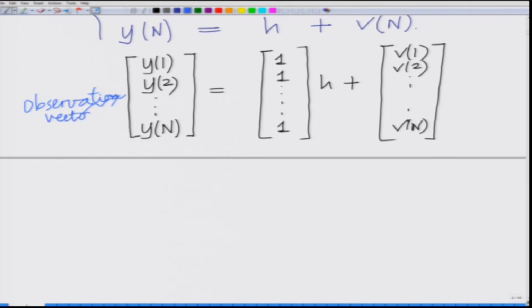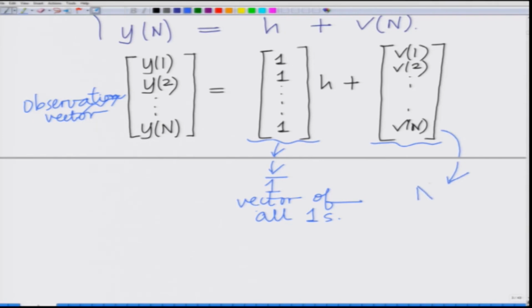This is your vector of all ones, which we are going to denote by 1 bar. This is the vector of all ones, and this is basically your noise vector.